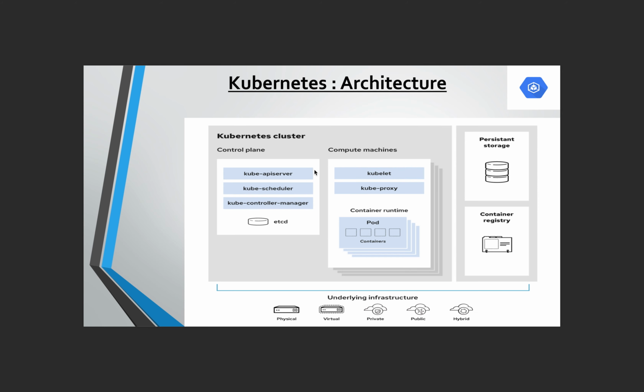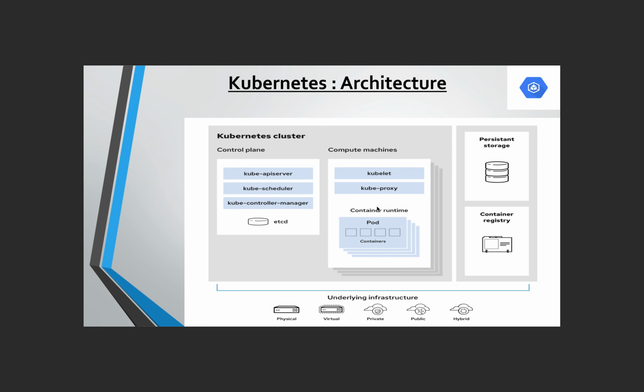So whenever the control plane needs to perform some action on the nodes, kubelet executes the action. So we interact via the kubectl command, and it goes through the kube API server, which connects to kubelet on the compute machine nodes, and this executes our operations.